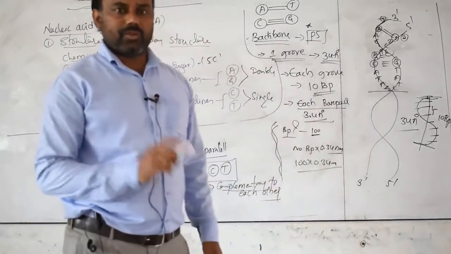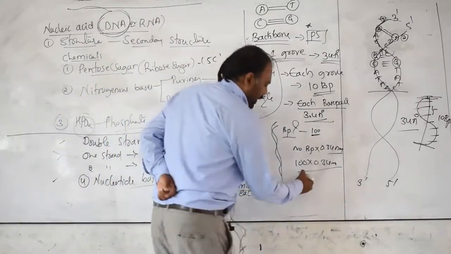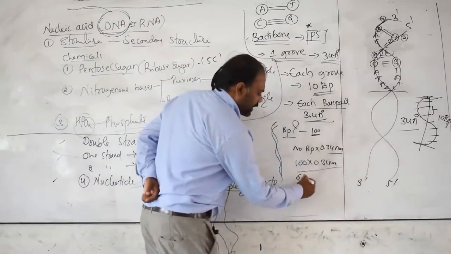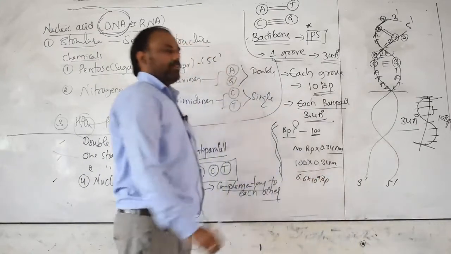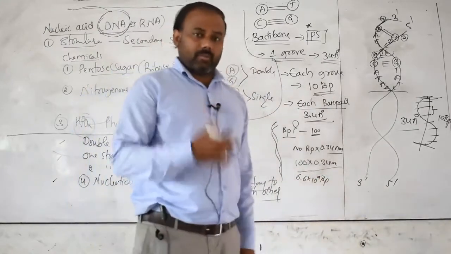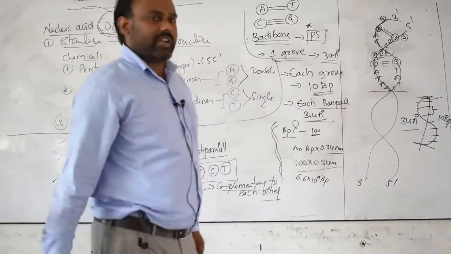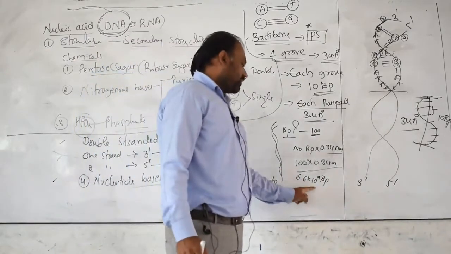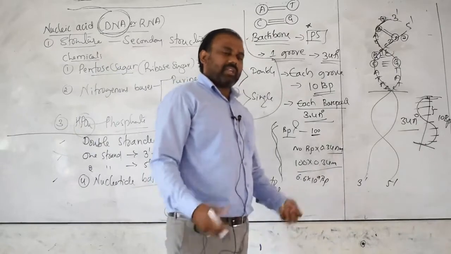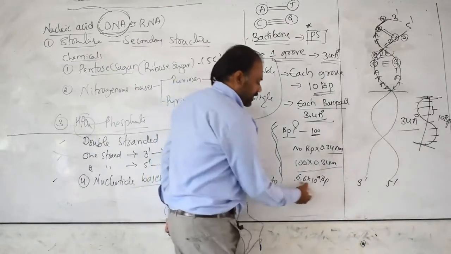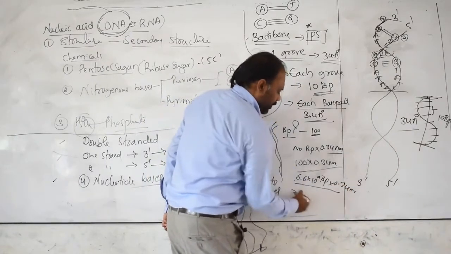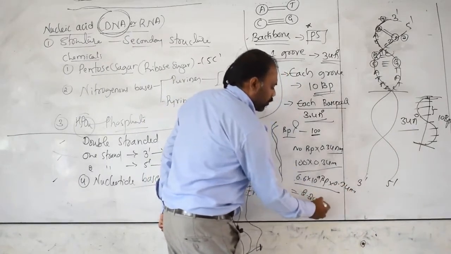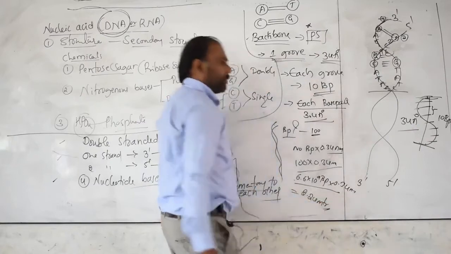Very simple. In human beings, in a mammalian cell, one single cell nucleus contains 6.6 into 10 raised to 9 base pairs. Then what is the length? 6.6 into 10 raised to 9 into 0.34 nanometer. That gives you almost 2.24 meter of DNA.